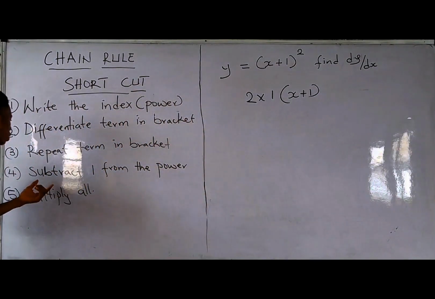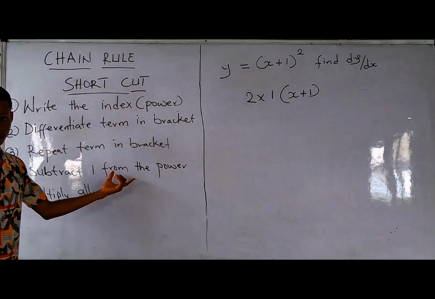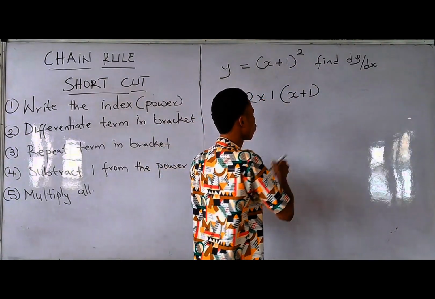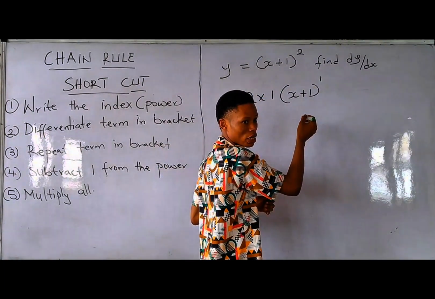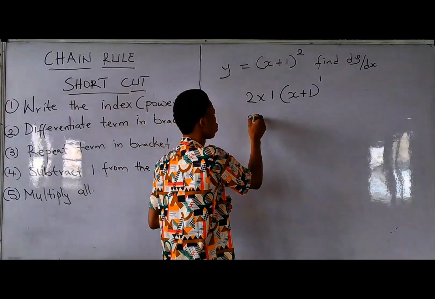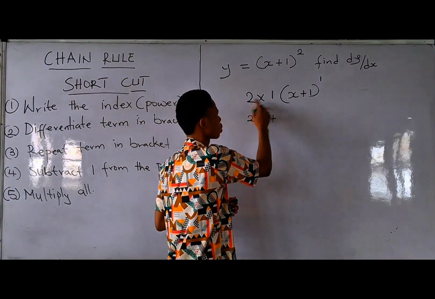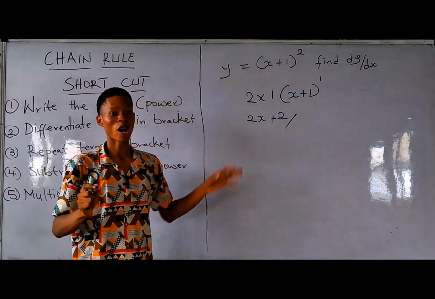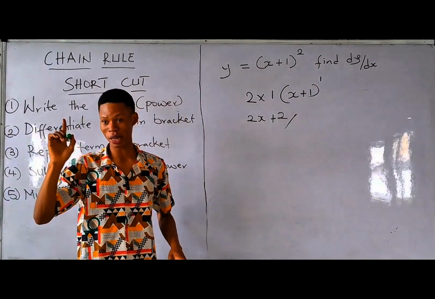Then the last stuff, okay, subtract 1 from the power. The power in this case is what? 2, right? So you subtract 1 from it, what do you have? 1, right? Then you multiply everything. So we end up having 2 times x plus 1. You appreciate this when you do it with complex ones.